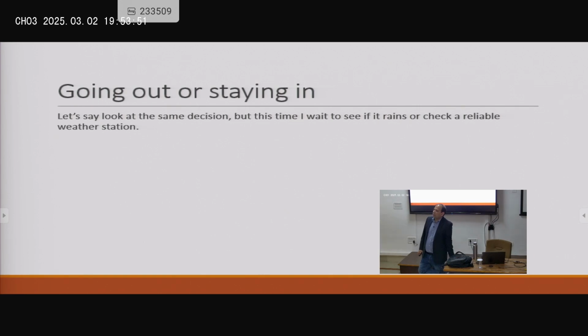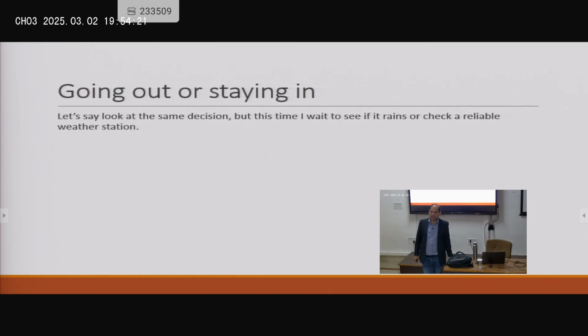Now, let's say we change it. We make the same decision, but this time I wait to see if it rains or check a reliable weather station. So I'm going to sit at home, not go out until I have made sure, visually or by checking a reliable weather station. Let's say weather stations are 100% reliable before I make a decision.